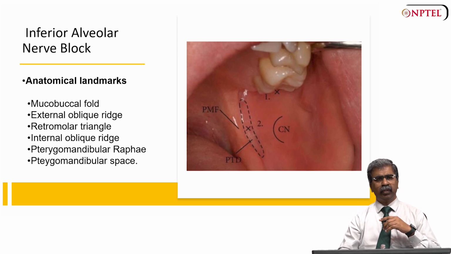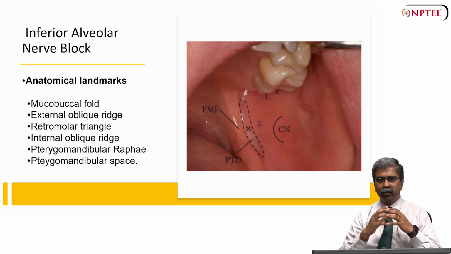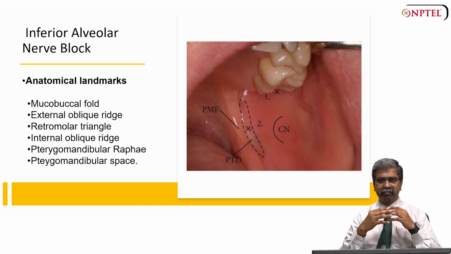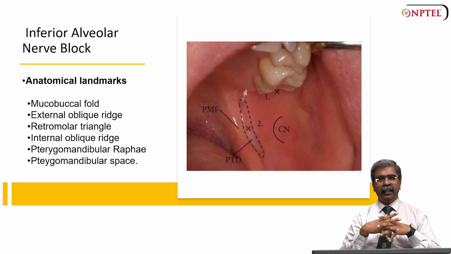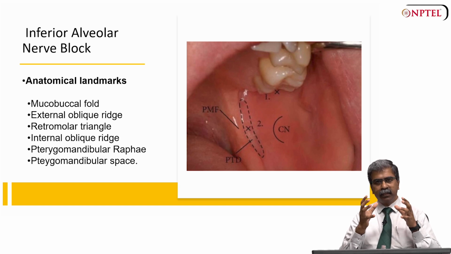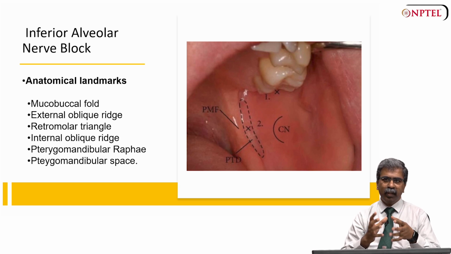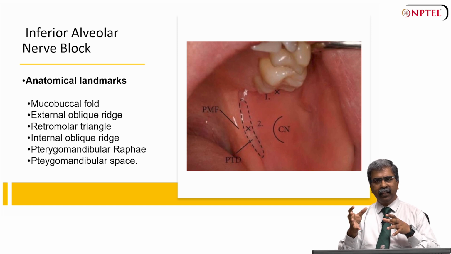Next is the most important anatomical landmark that everybody should know, and it is a very often asked question either in the final year, during internship, or in postgraduate training. The pterygomandibular space. Why is it important? Because that is precisely where you are going to deposit the local anesthetic solution, and it is located between the medial surface of the mandible.